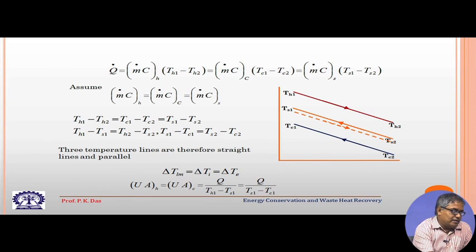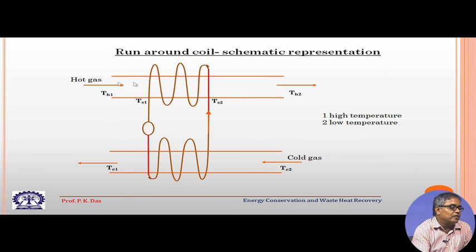So, like this. This is your hot end heat exchanger and cold end heat exchanger. There is a common fluid for these two heat exchangers, which is passing through a loop with the help of a pump.